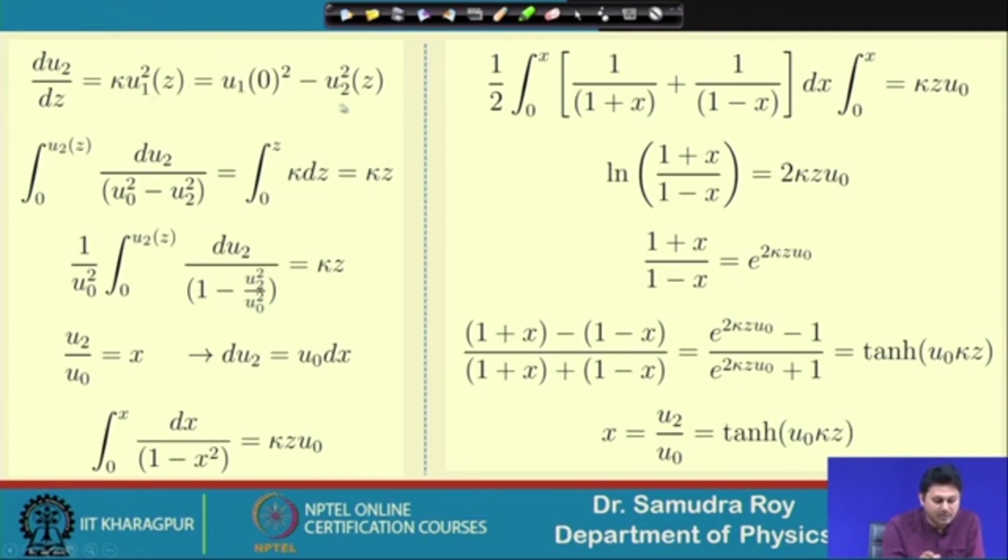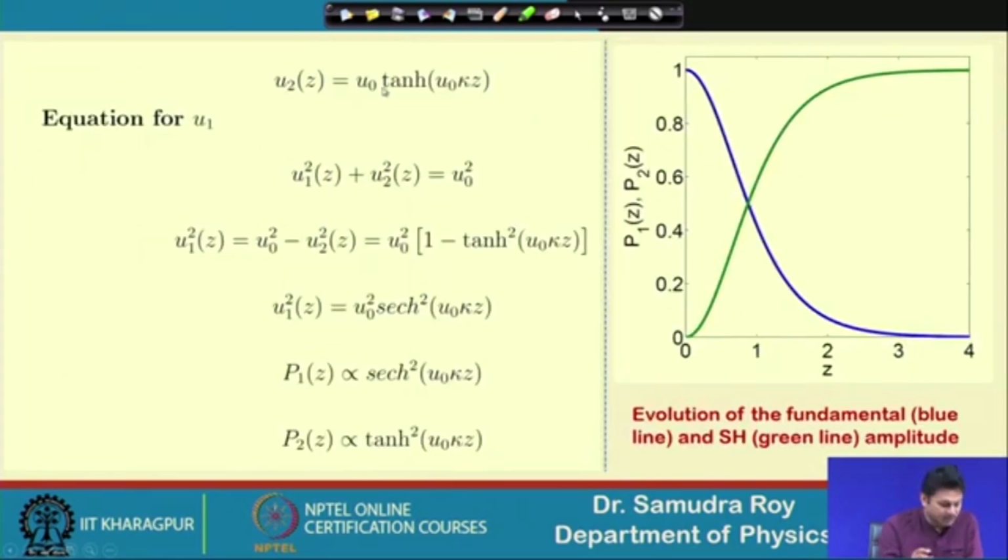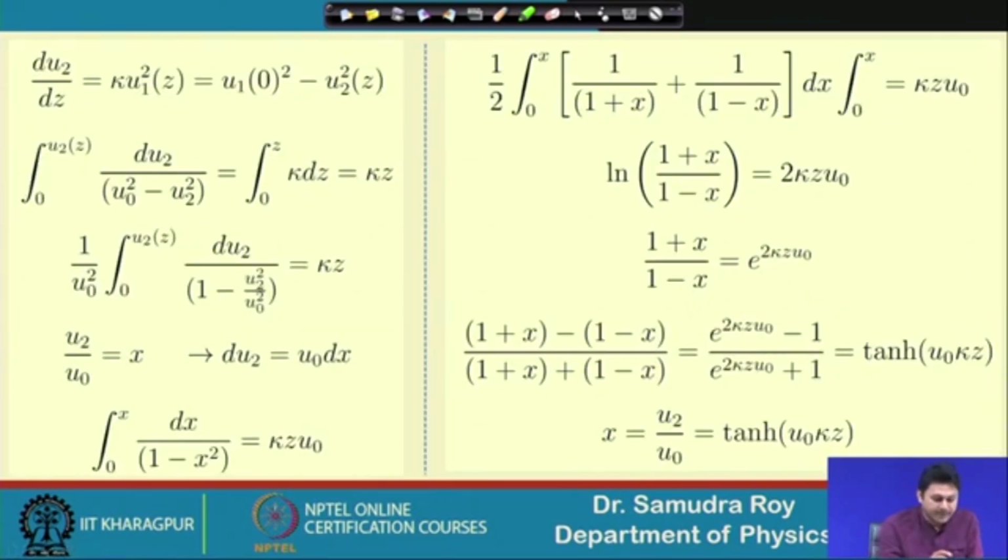I just replace u1 in terms of u2, and I get this with a kappa value. After that, we integrate: du2 divided by u0 square minus u2 square, with limits 0 to u2, equals the integral of kappa dz from 0 to z, because on the right hand side we have kappa dz. Kappa dz will be integrated, and we will have kappa z.